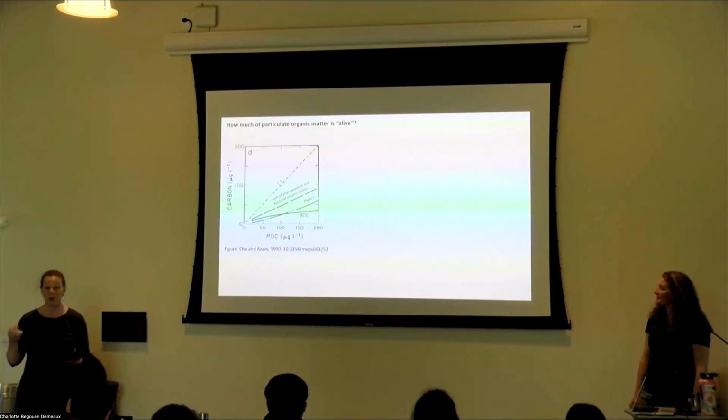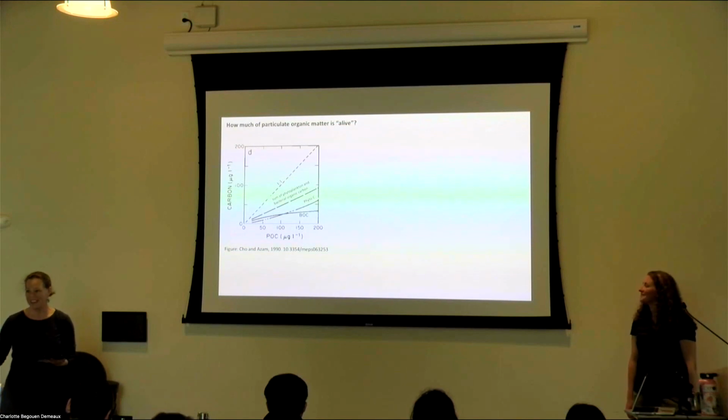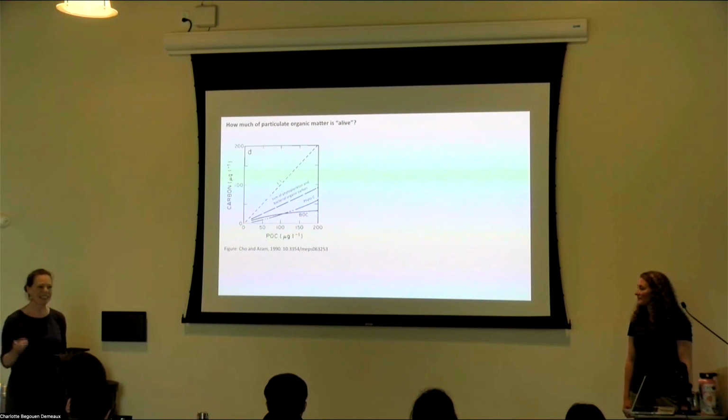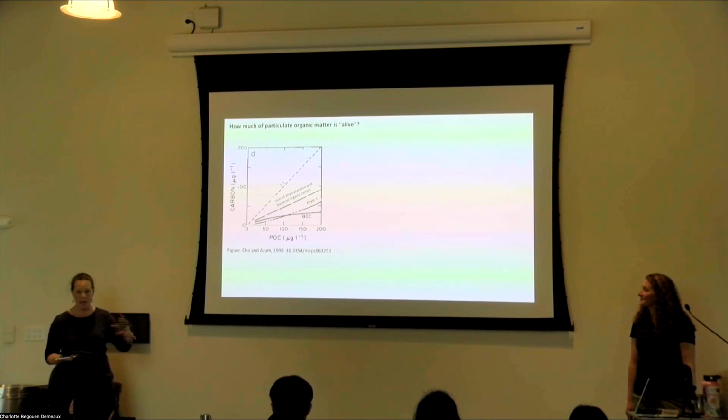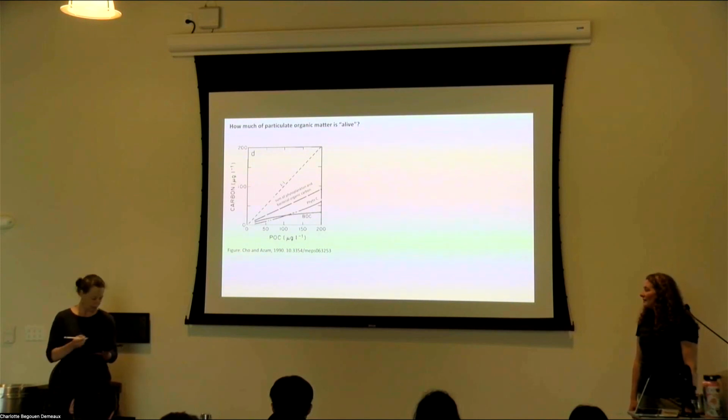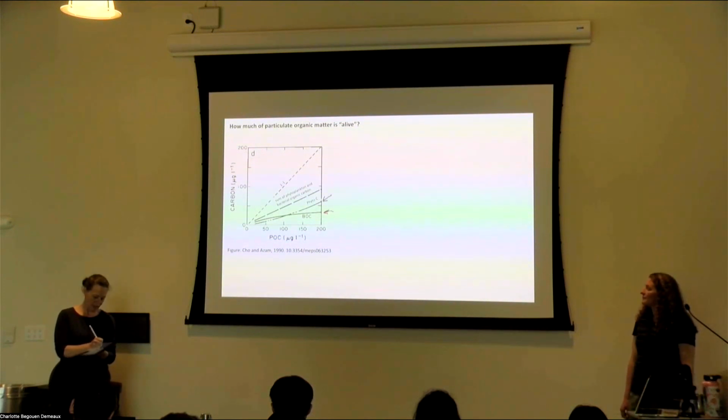How much of that particulate organic matter is then alive? You can say, well, that's a cell, that's living, it's doing something. So here is an older paper, a compilation of data from microscope counts and then estimations of the carbon contained in bacteria, so that's this line here, and phytoplankton, and then this is their sum in the top line.